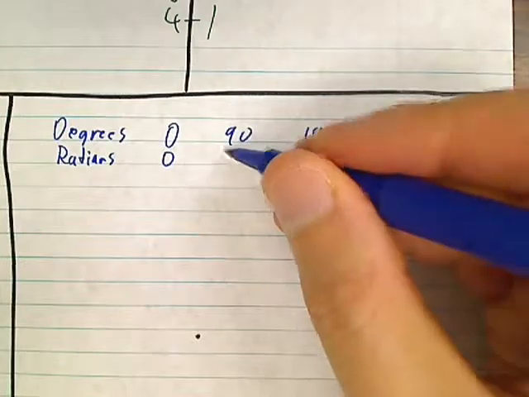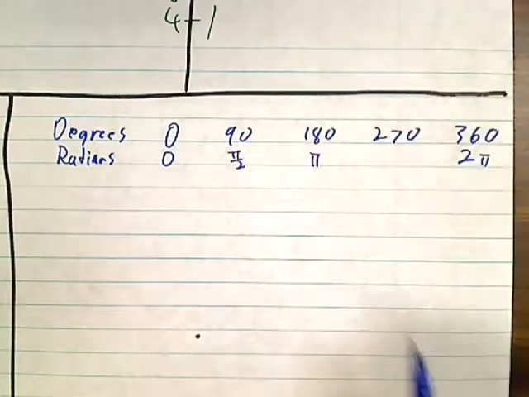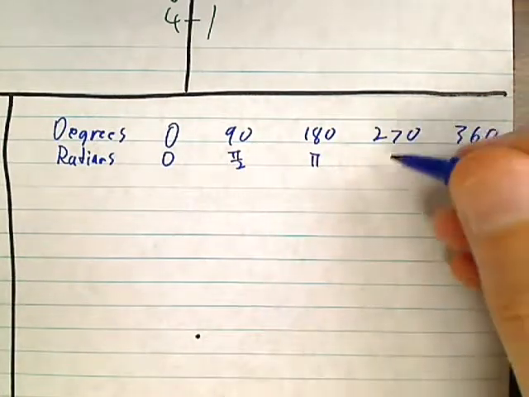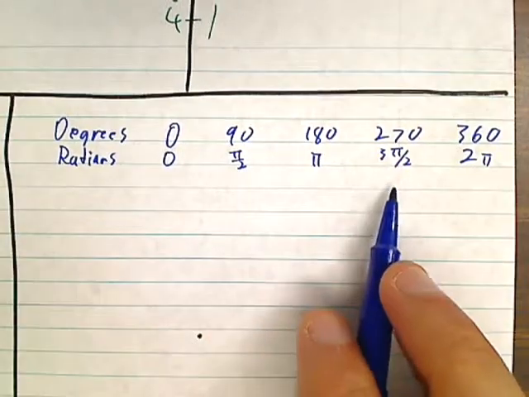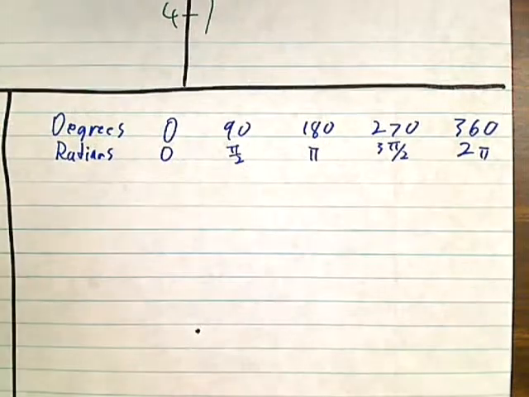Halfway from there is pi over 2, and pi plus half a pi is 3 pi over 2. Half plus 1 is 3 halves, so just keep a pi on there. When we're working with radians, there's always just going to be an extra pi floating around. If you can remember that's where the pi is, that will serve you well.